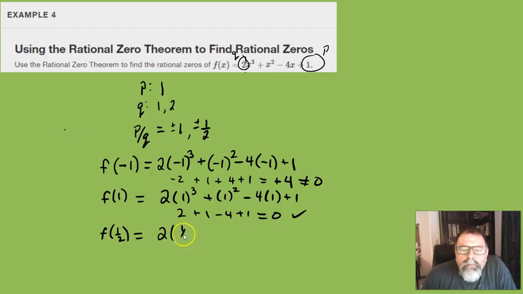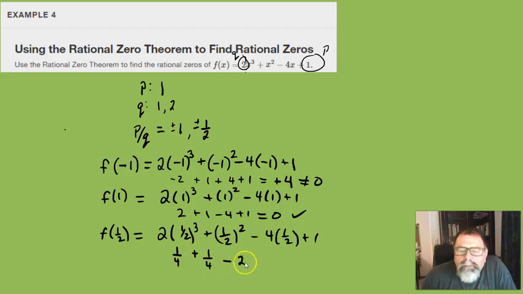So 2 times 1/2 cubed plus 1/2 squared minus 4 times 1/2 plus 1. So that'd be 2 times 1/8, which is 1/4, plus 1/4 minus 2 plus 1. So that'd be 1/2 plus 1 is 1.5 minus 2 is negative 1/2, which is not 0.